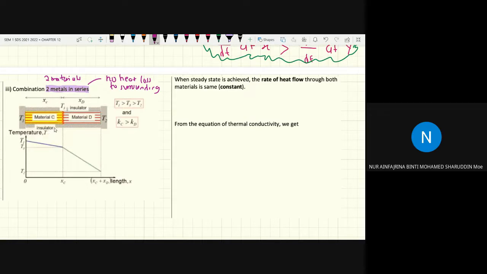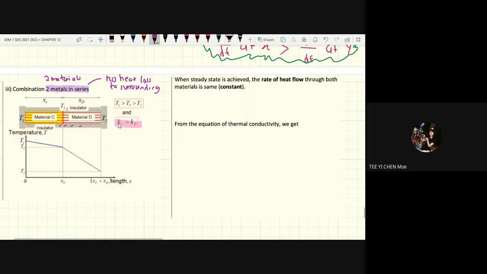Kalau awak perasan dia tulis the insulator ni semua ni. Okay, contohnya sekarang, awak kena faham one thing. So when you have two material, sekarang kan dia cakap dekat sini, thermal conductivity of C is greater than thermal conductivity of D. So maksudnya sekarang, siapa yang dapat able to conduct heat better? Material C ke material D?